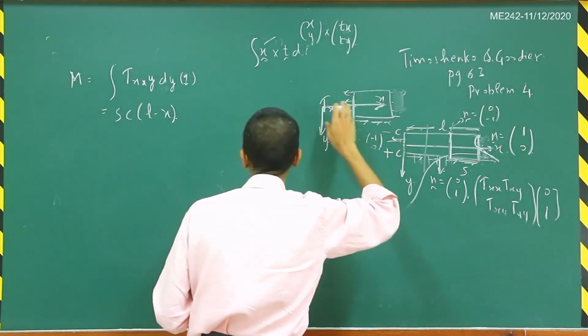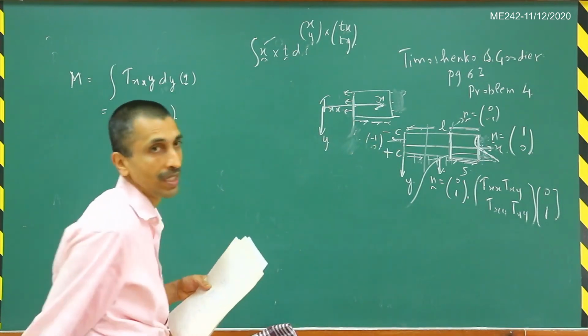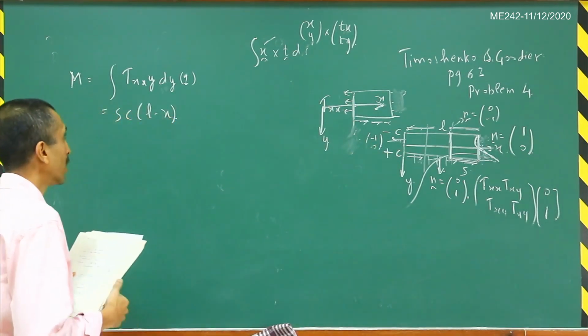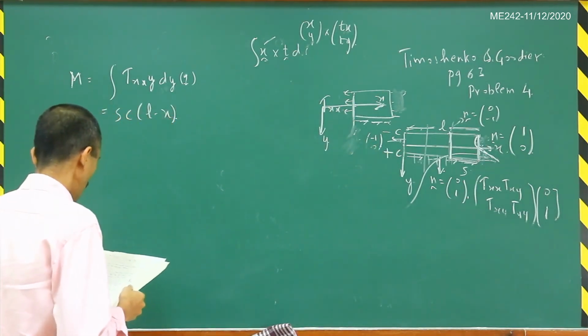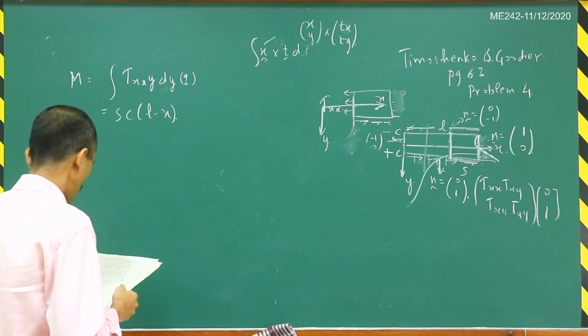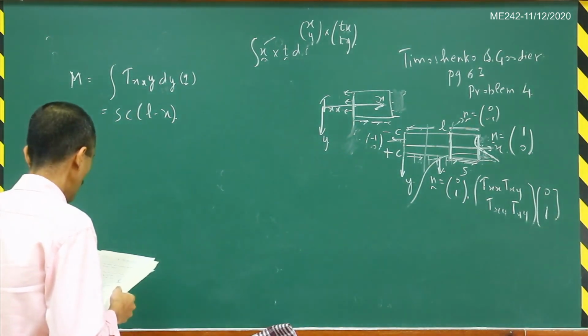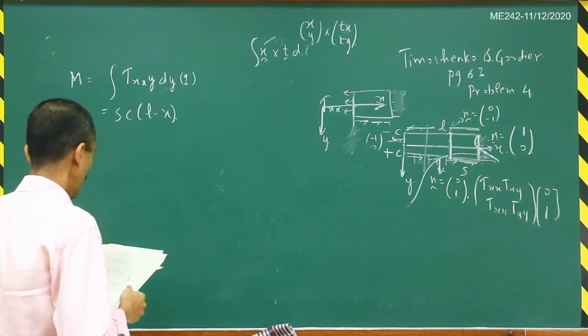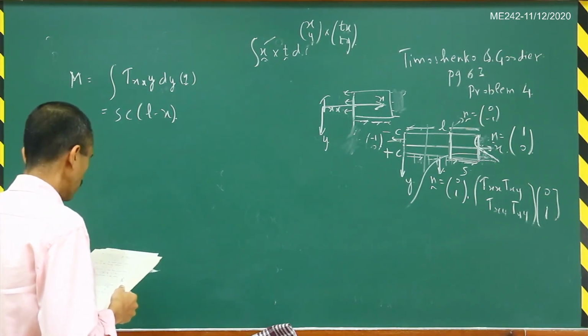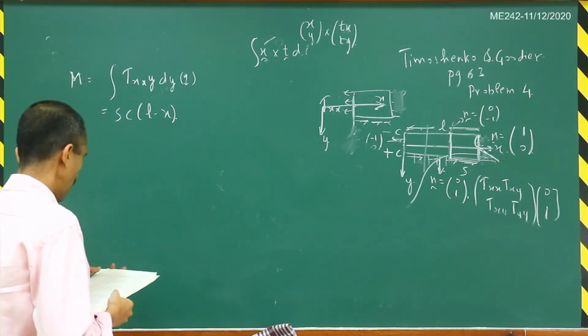And so finally your x cross t will be equal to 0 on that particular section here. So this is how we compute the resultant moments also in this particular case.